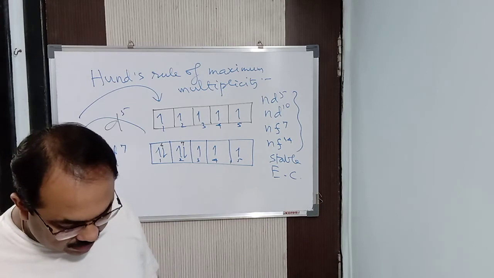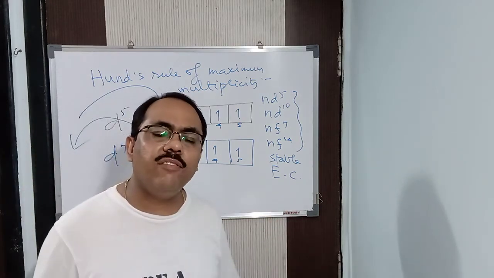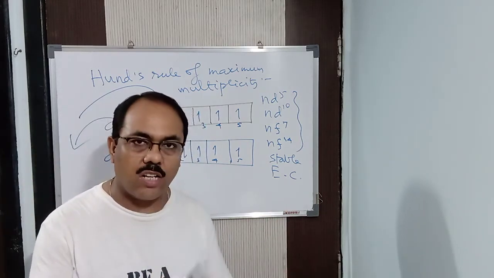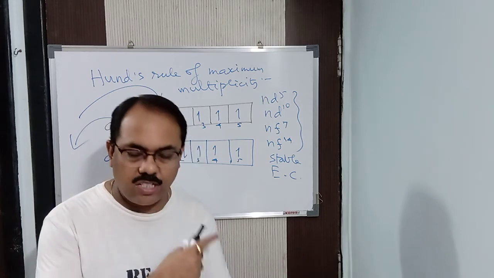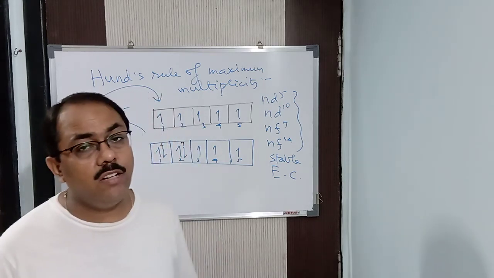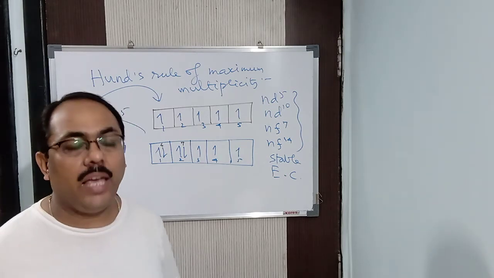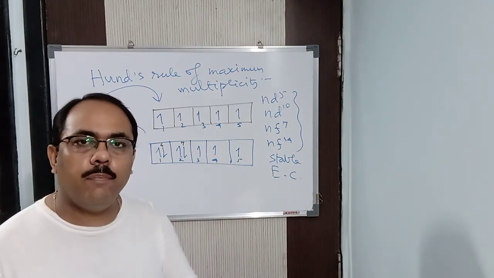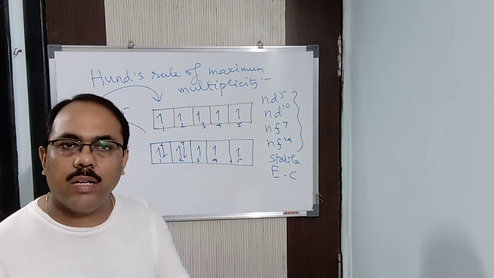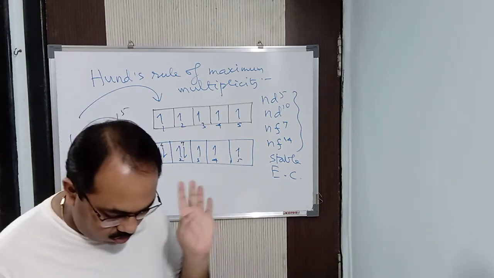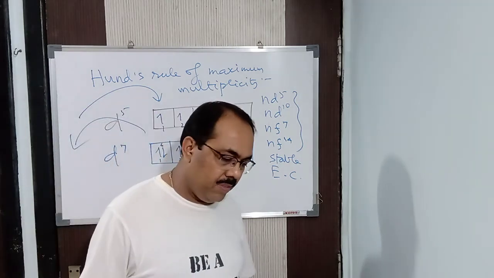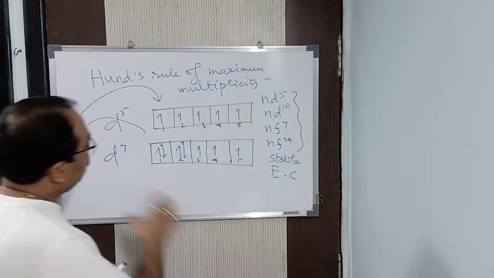What effect? The electrostatic charges. Due to which they are stable. Hence they are able to accommodate in a single orbital even if they have the same charge. I hope you understood this. Now you have understood how to fill up.